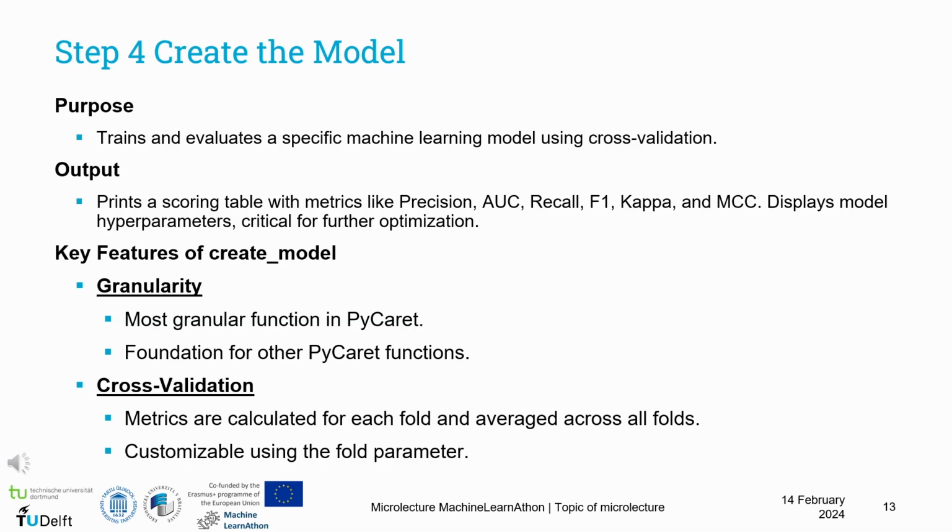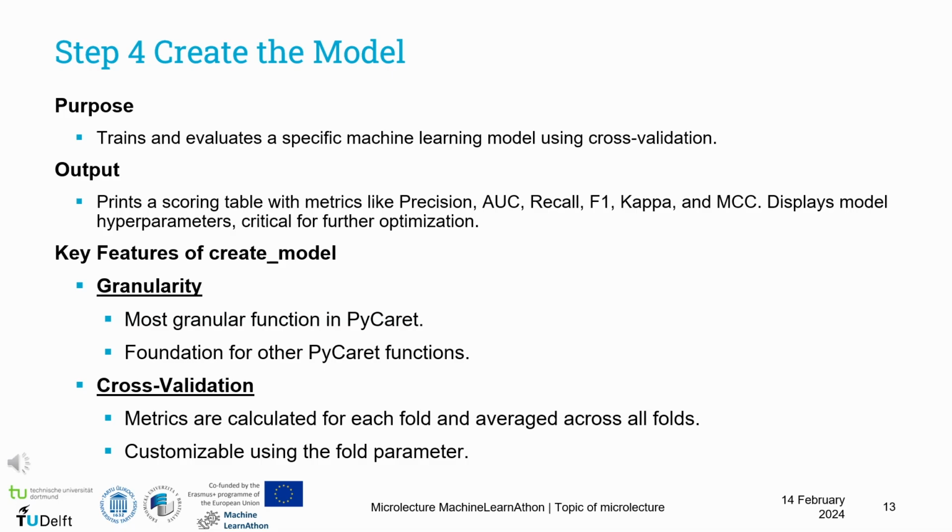This function trains and evaluates the selected model using cross-validation and prints a detailed scoring table. The output includes performance metrics such as accuracy, AUC, recall, precision, F1 score, kappa, and MCC for each fold, which are then averaged to assess model stability.